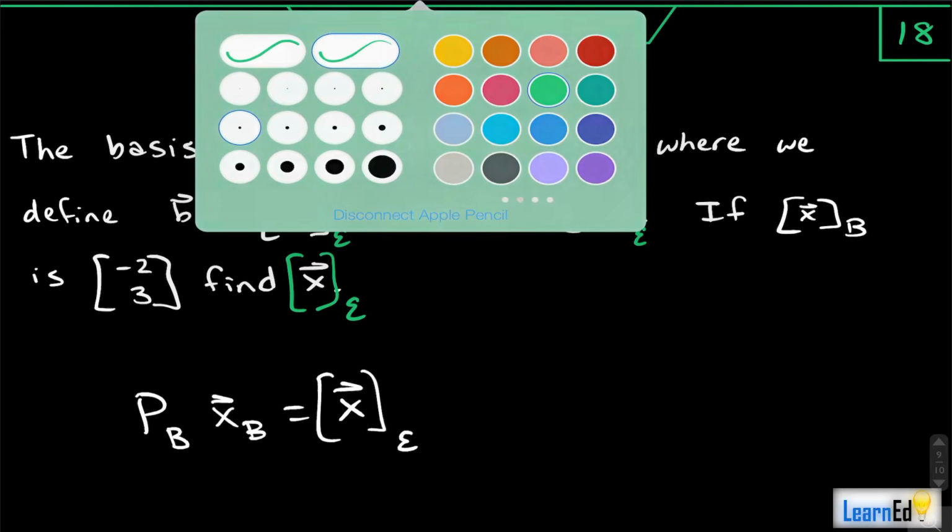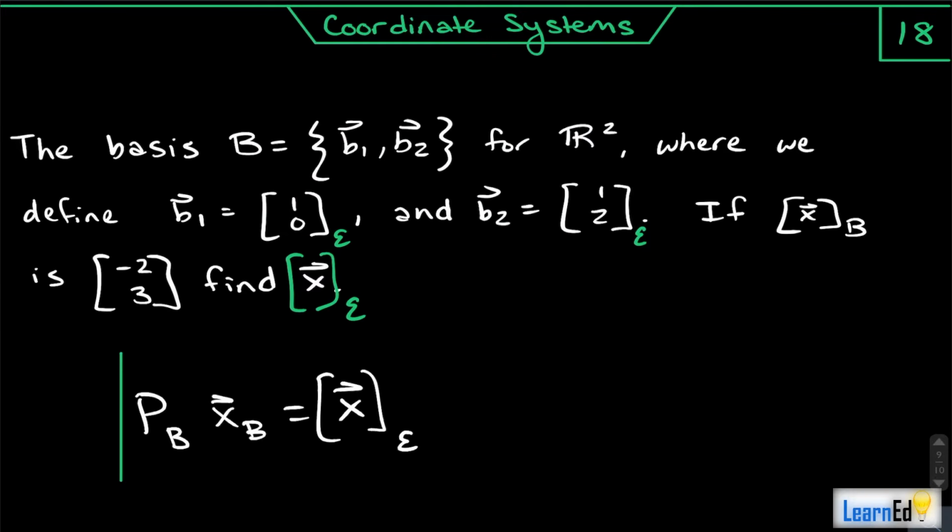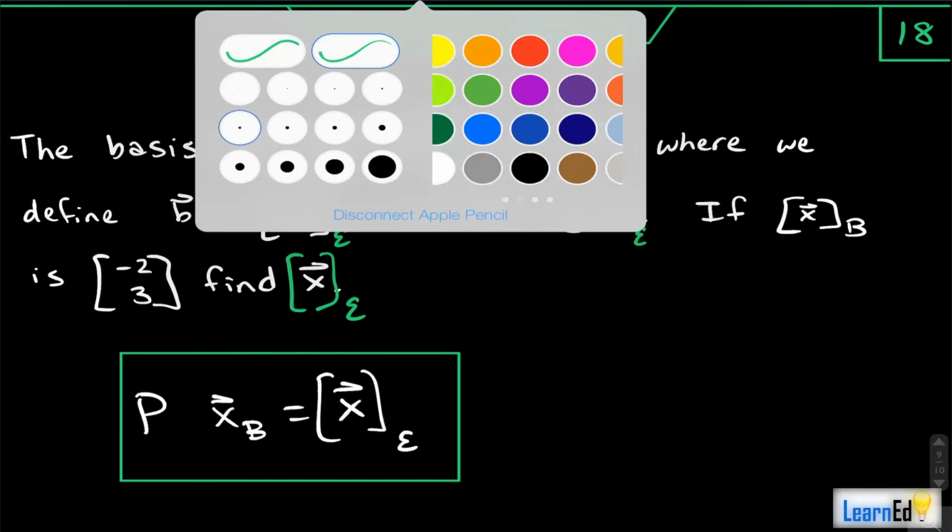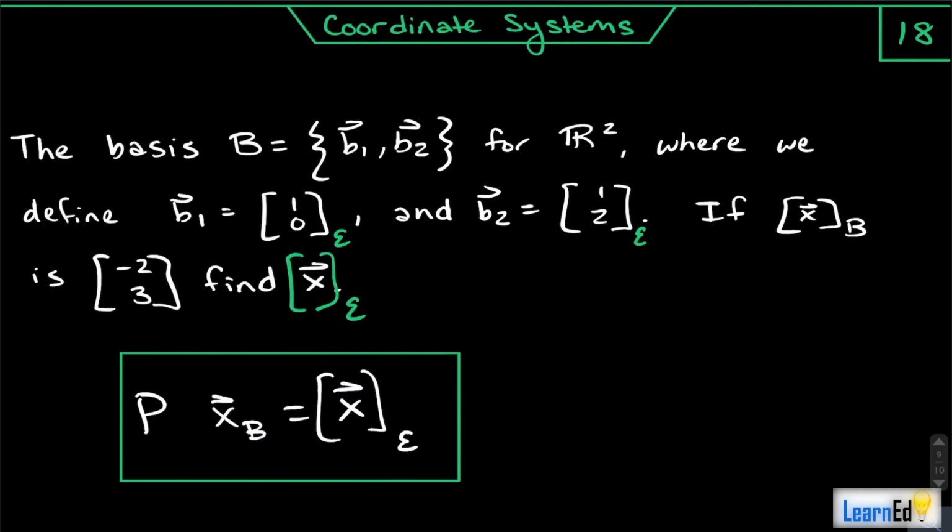But I need you to understand where this comes from, because you're going to have a lot of things to remember for this test. It's not going to help you at all for me to just say, here's the formula, now go use it. The idea is that this change of coordinates matrix PB, a better way of writing this, and how we'll write it in the change of basis section, is going to transform a vector relative to B to a vector relative to the standard basis.